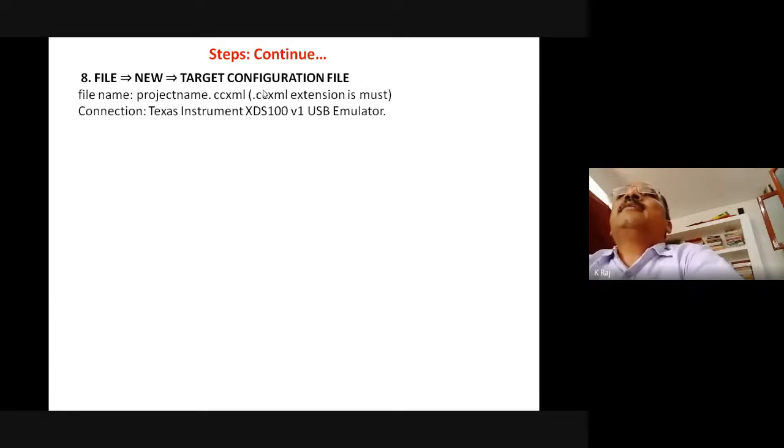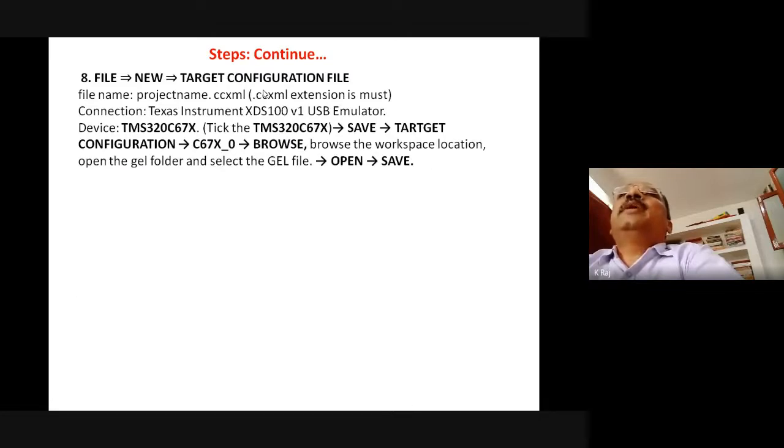Connection is Texas Instruments, and then the device TMS320C67X, and we will select this option, and then we will save and move to the target here. And the configuration is 67X0, and then we will browse, and after browsing we will open the GEL file, and then we will save it here.